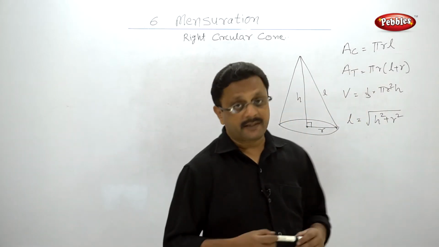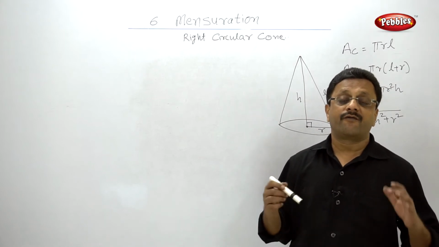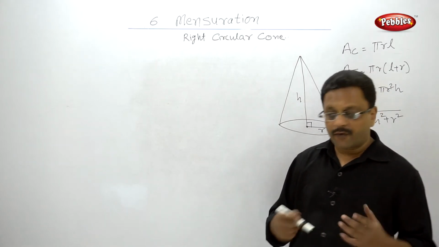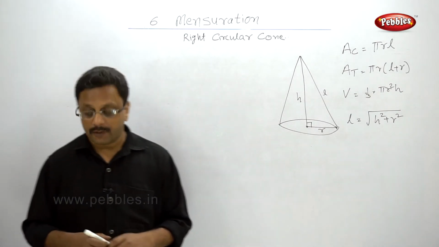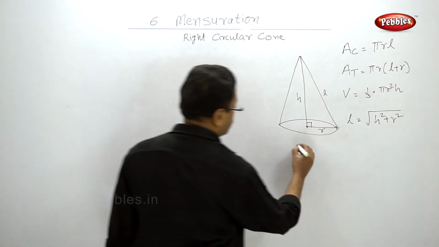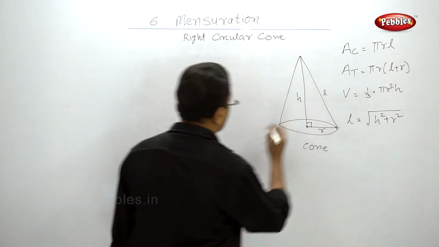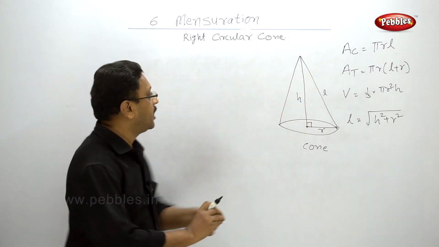Now before going to the exercise, first of all we see what we mean by the frustum of a cone. Frustum is a Latin word, the meaning of which is cut off. What is the frustum of a cone? Suppose this is a cone. Now suppose if I cut this cone from here, what will happen?